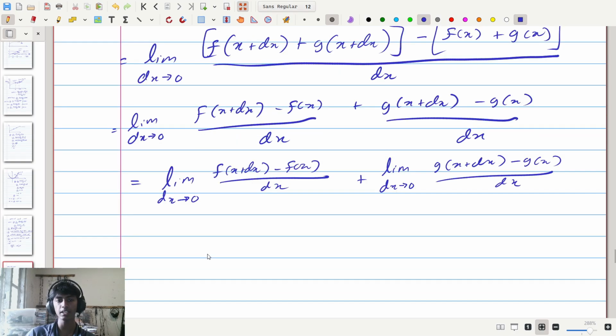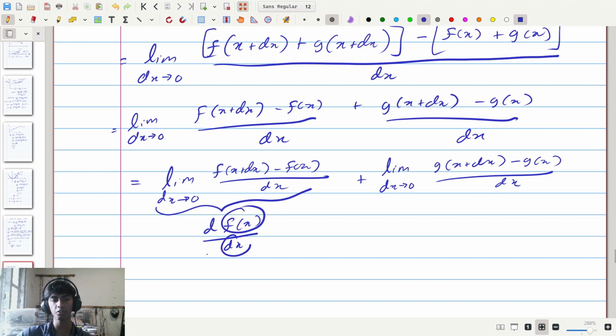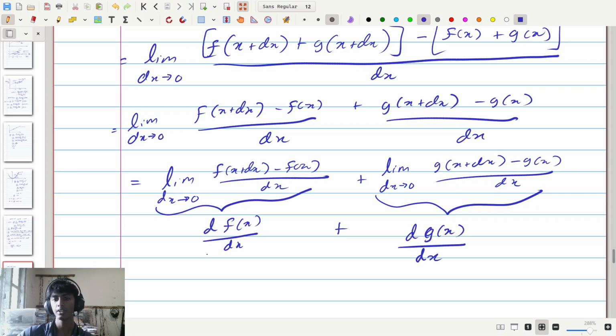The first thing here is exactly what we mean, by the first principle definition, by d of f of x by dx, the derivative of f of x with respect to x. The second thing is exactly the definition of the derivative of g of x with respect to x.